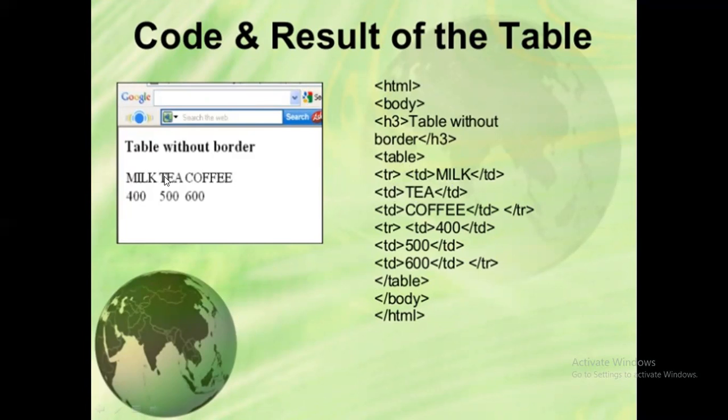The second TD is used for tea and the third is used for coffee. Next TR, that means next row, has the values 400, 500, 600 respectively. Along with that, the items are written, and this is the creation of the table. We will discuss it again at the end of this video.